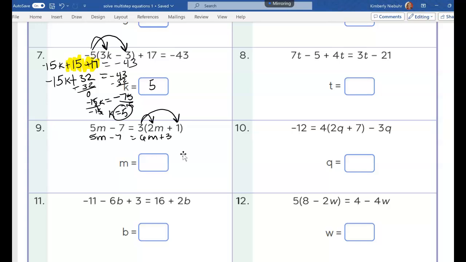I am going to subtract 5 times m. I'm going to get 0. Subtract 5 times m, I'm going to get 1m plus 3. And I'm going to bring down the negative 7, positive 7, 0, positive 7, 7, 8, 9, 10.